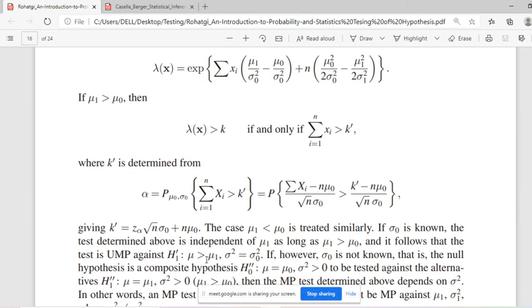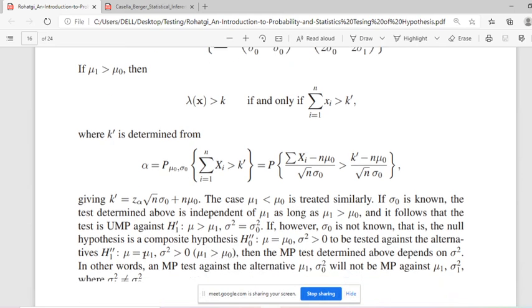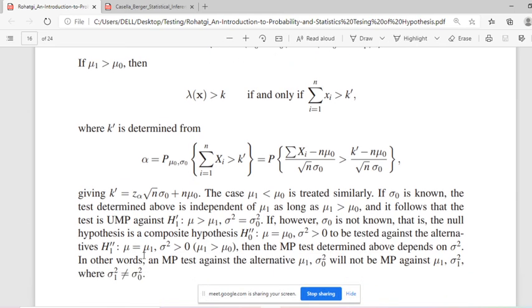Okay, mu1 greater than mu0. So this can be considered as a uniformly most powerful test. That means the test is independent of the parameter. So for any parameter we can use the same test. That is the reason for calling it uniformly most powerful.